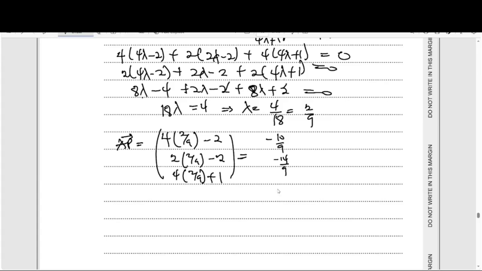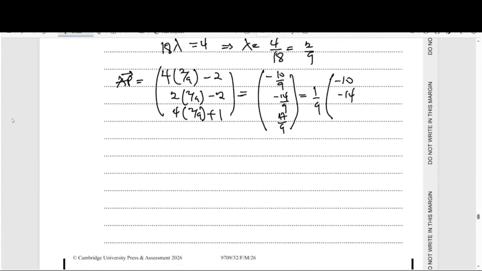And the last one, we have 8 over 9 plus 1, which has to be 17 over 9. Right? And everything is over 9, so you can just write 1 over 9 out and write the rest of the numbers: negative 10, negative 14, and then positive 17.